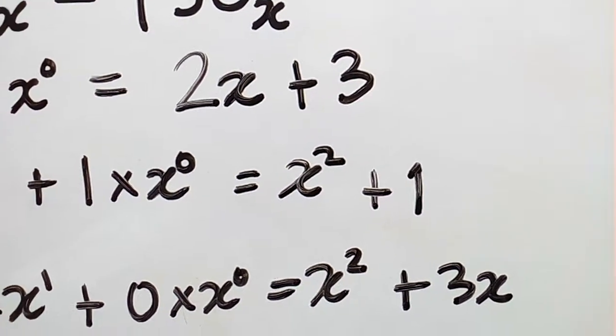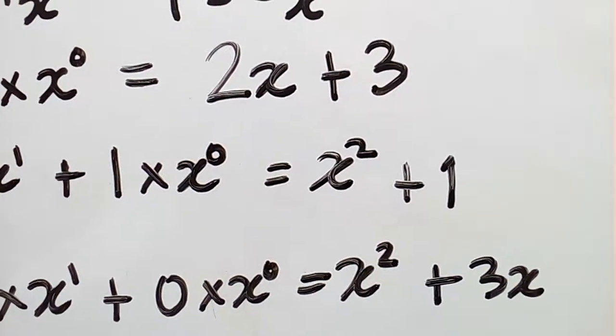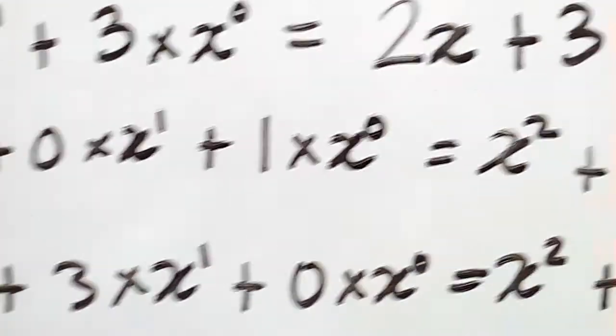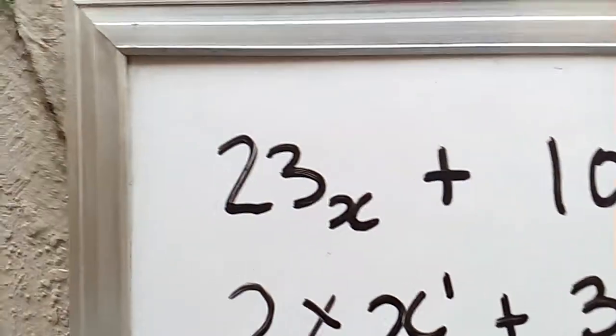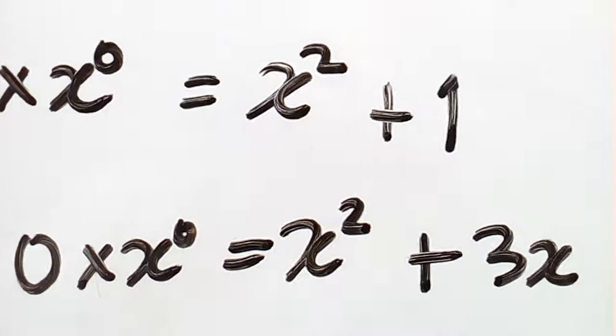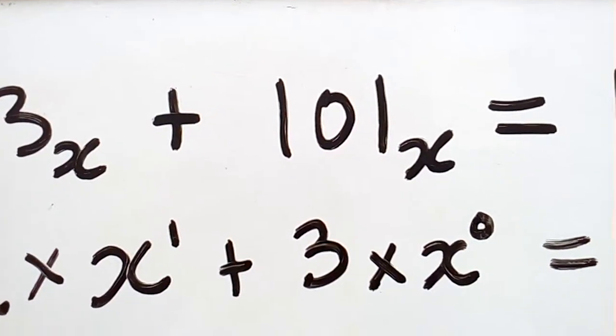Okay, and then we now combined all that we had on the right hand side. Remember, the right hand side of the equality sign for each of those steps is in base 10. So we now replaced 2x plus 3 with 23 to base x, and we replaced x squared plus 1 with 101 to base x.